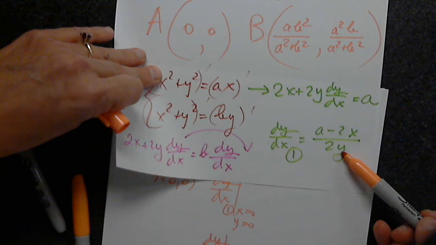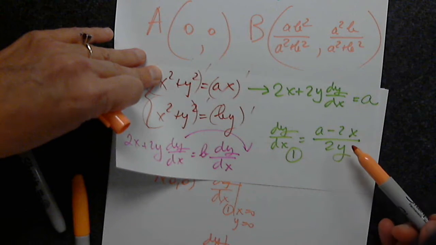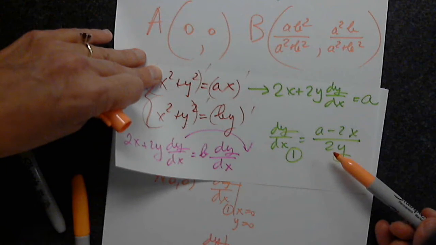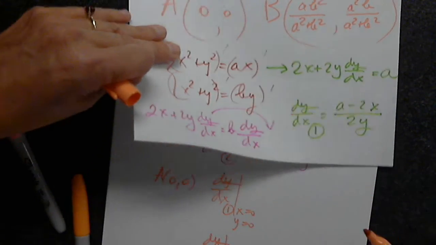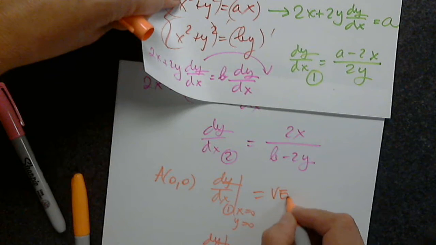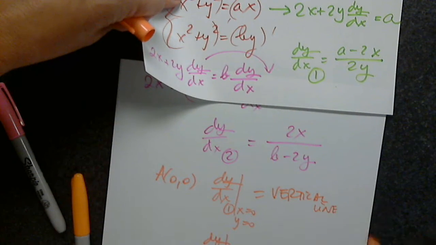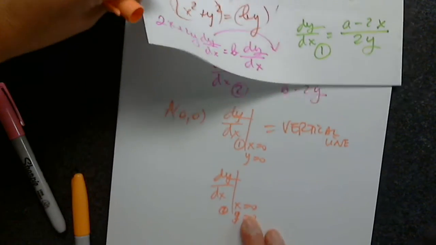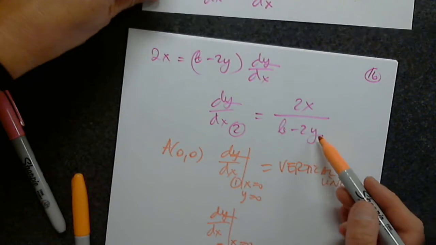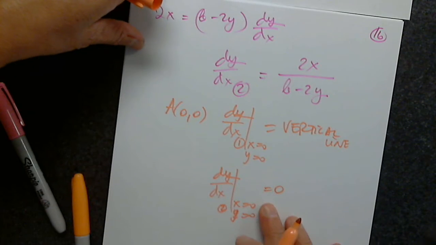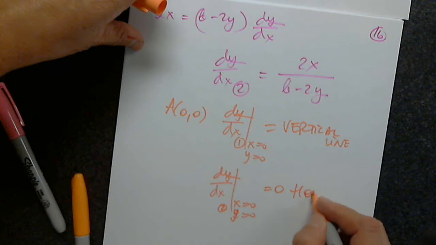Because when x is 0 and y is 0, this is a vertical tangent. Vertical line. What happens here with 0 over 0? Well, this is 0. But the slope is 0 for the horizontal line.